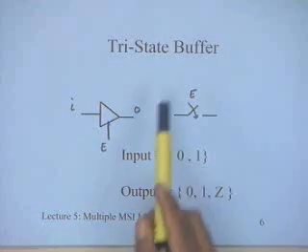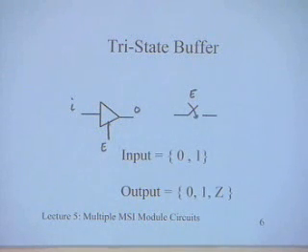So such a tri-state buffer is a very useful component, typically for making buses. We can also do multiplexing with it, and it has a lot of advantages even over using a multiplexer, and we will talk about that in a moment. It's fundamentally behind a lot of circuits, especially microprocessors and peripherals and so on.